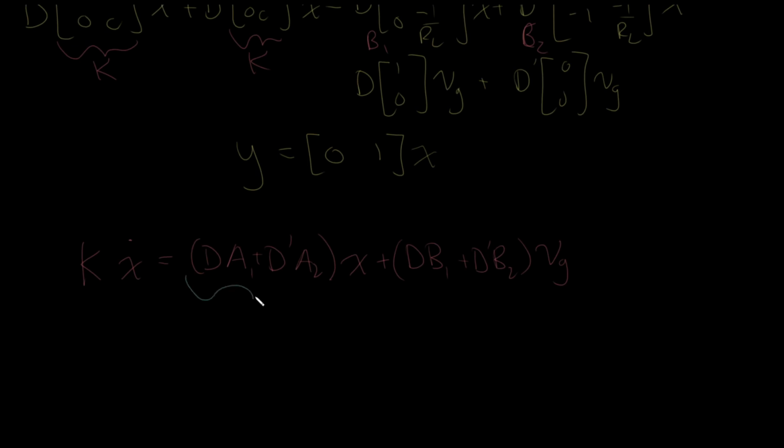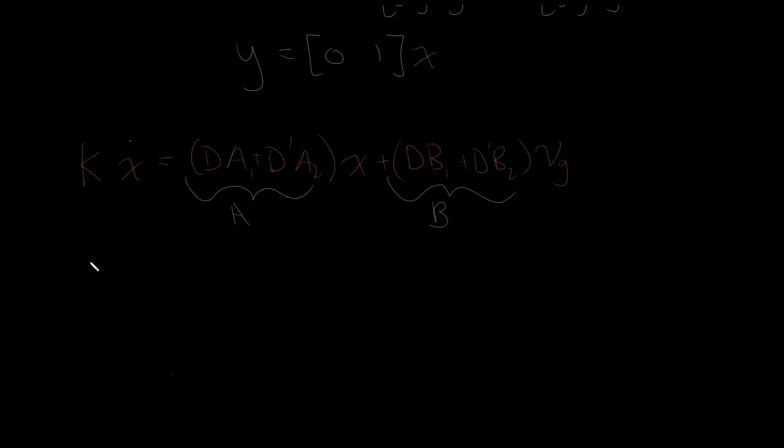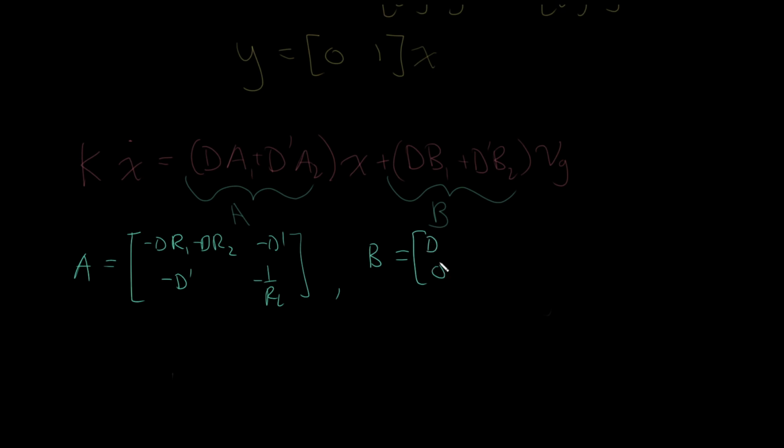We can say that this is equal to A, and this is equal to B. So let's define A and B. A is going to be equal to minus dR1 minus dR2 in the first entry, minus d prime in the second entry, minus d prime in the third entry, and minus 1 over RL in the fourth. B is simply going to be equal to d and 0.